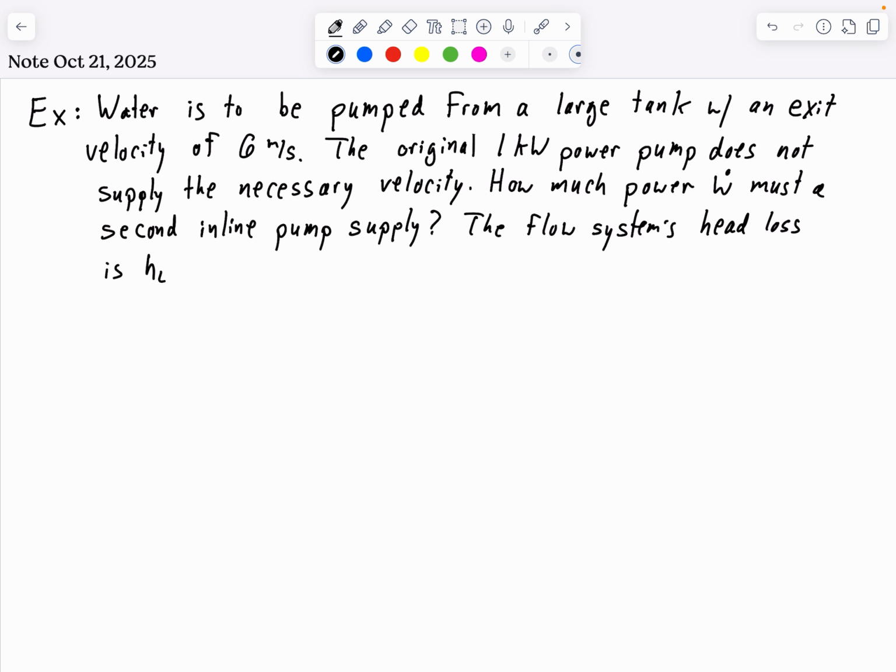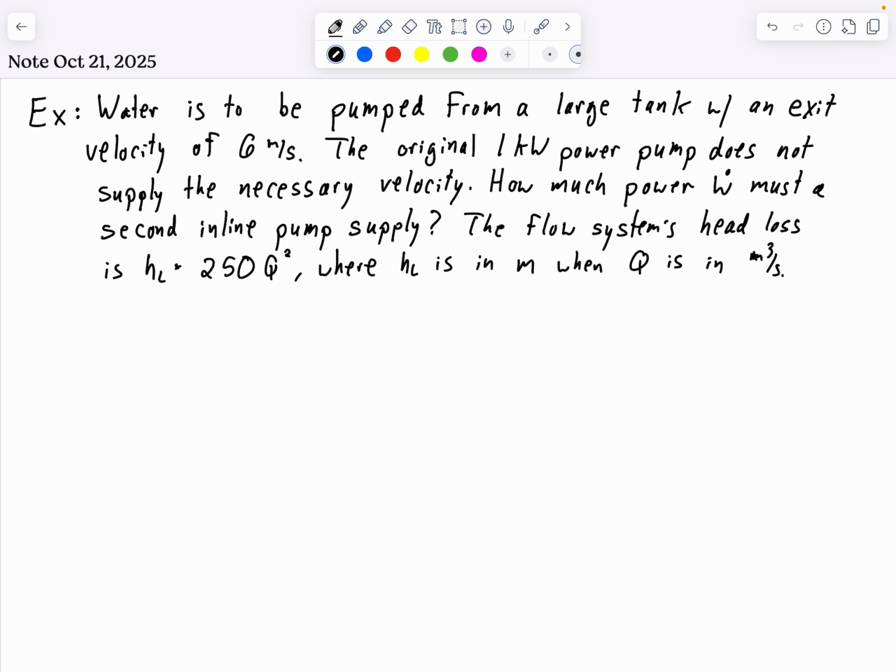So H sub L is our head loss, and this is a function of the flow rate Q, where H sub L is in meters when Q, our flow rate, is in meters cubed per second.